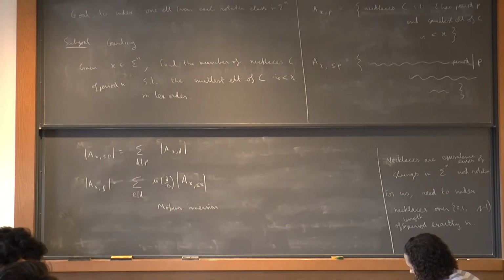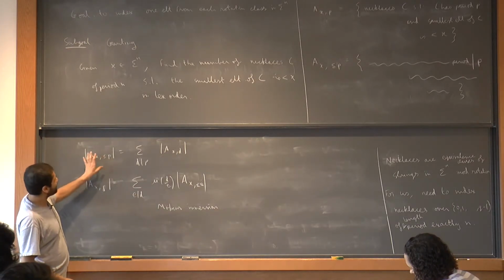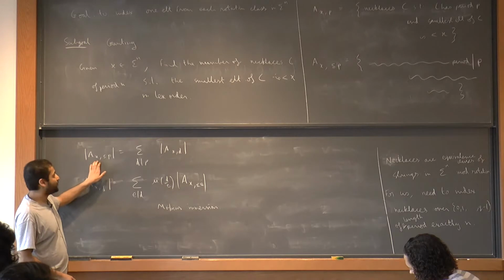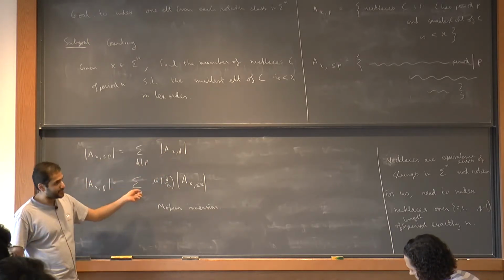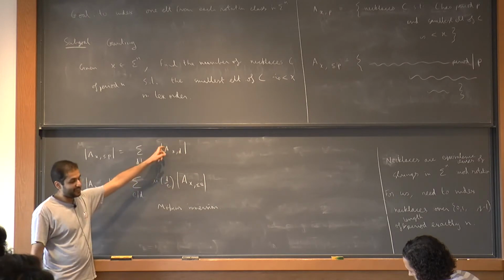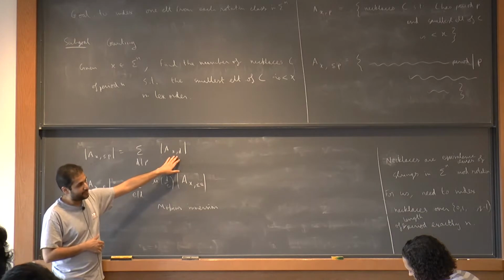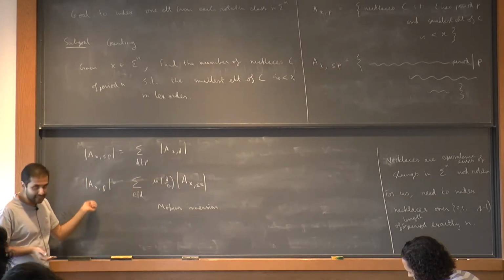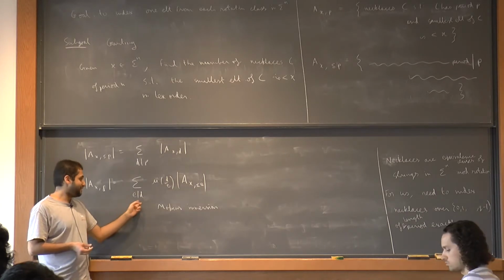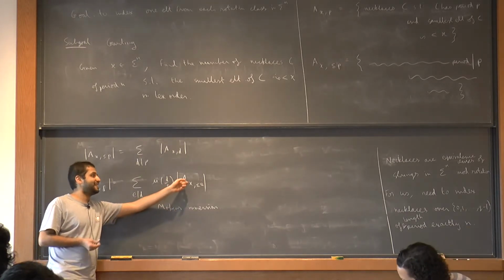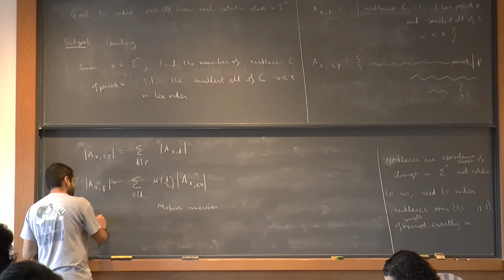Can you just say what this function is? Whenever you have a formula of this form, f of n is the sum over all d dividing n of g of d, then you can express g of n as the sum over e dividing n of mu of n over e times f of e, where mu is the Mobius function.